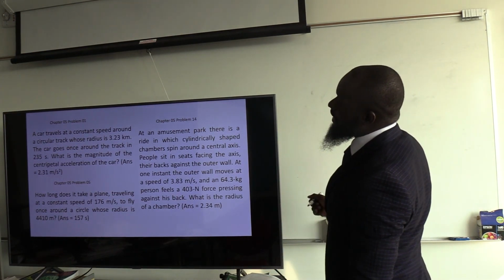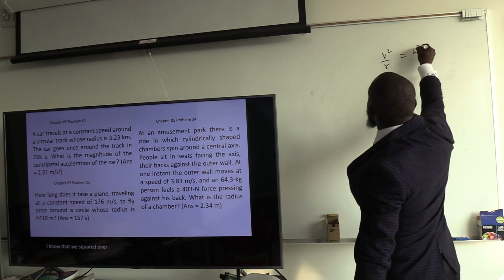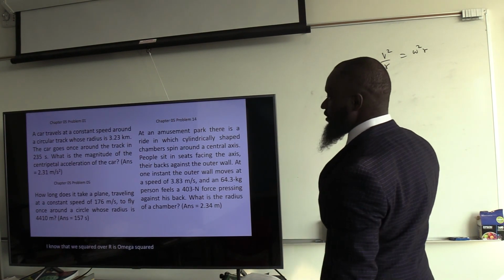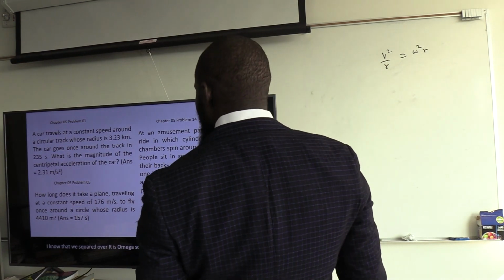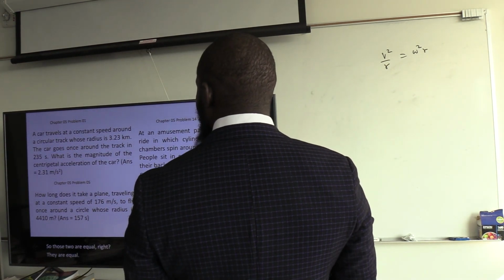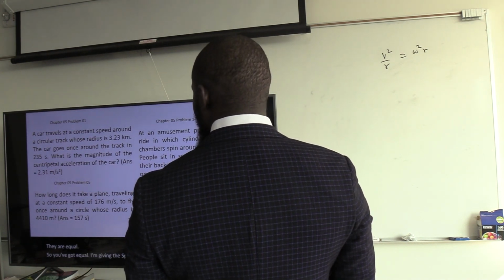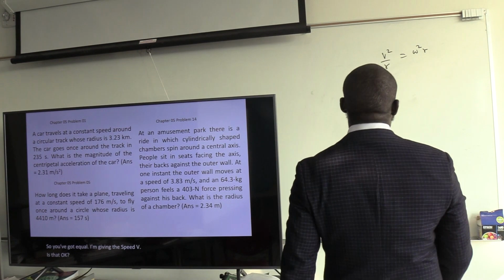I know that v squared over r is omega squared r, so those two are equal. I'm given the speed v and the radius r.